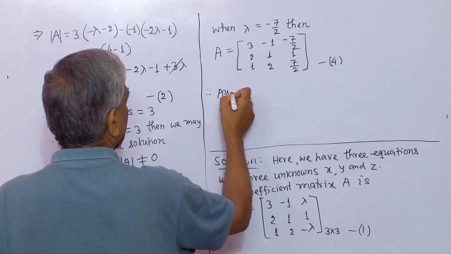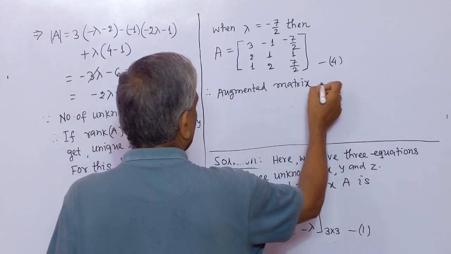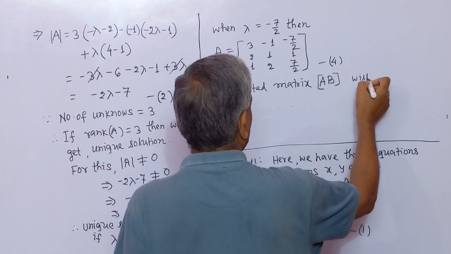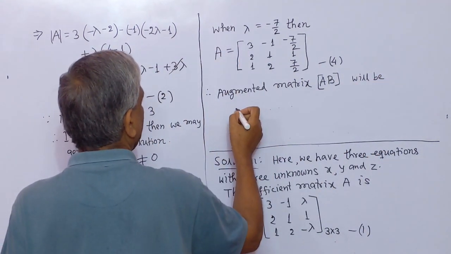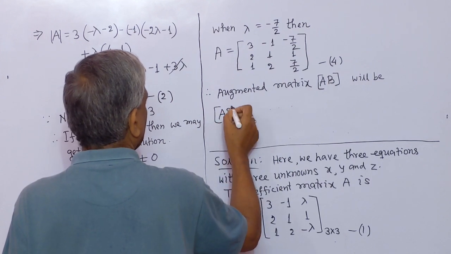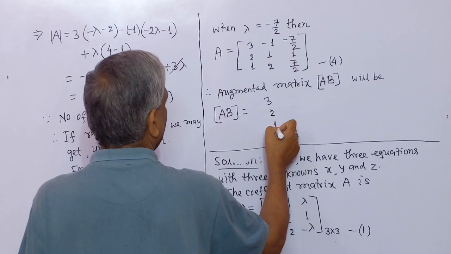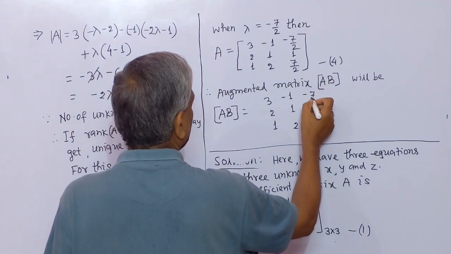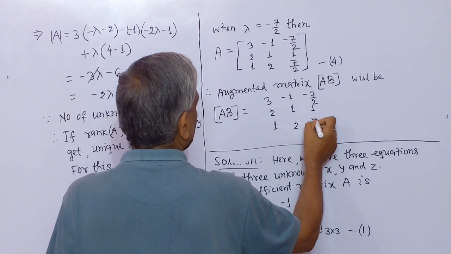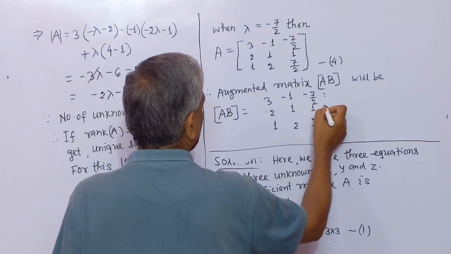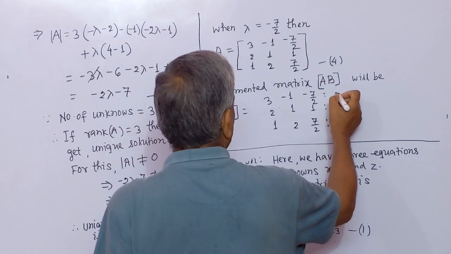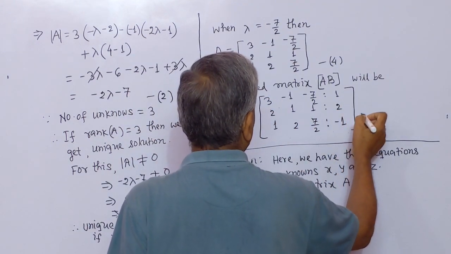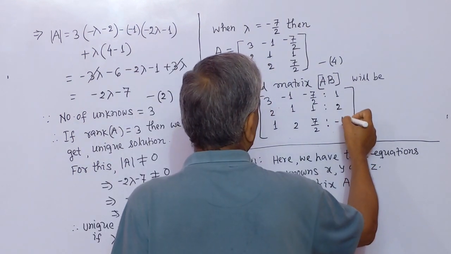Therefore, the augmented matrix AB will be: firstly we write the coefficient matrix 3, 2, 1, minus 1, 1, 2, minus 7 by 2, 1, 7 by 2, then the column on the right side of the equation: 1, 2, minus 1.